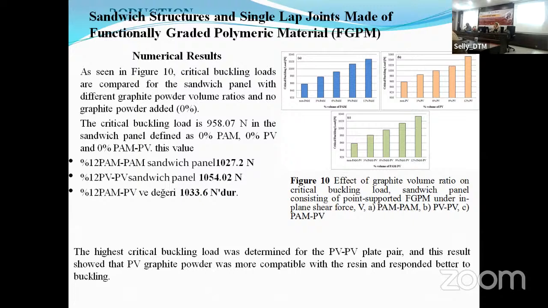You can of course do some experiments, you can of course do some numerical analysis, but the most important thing is comments. A good comment is important for us. This result shows that PV graphite powder is more compatible with the resin and responds better to the buckling condition.